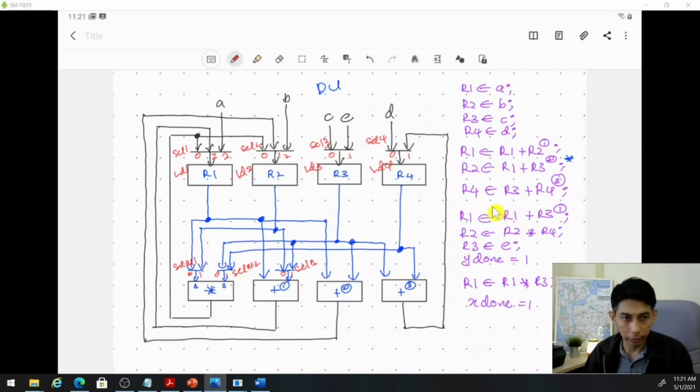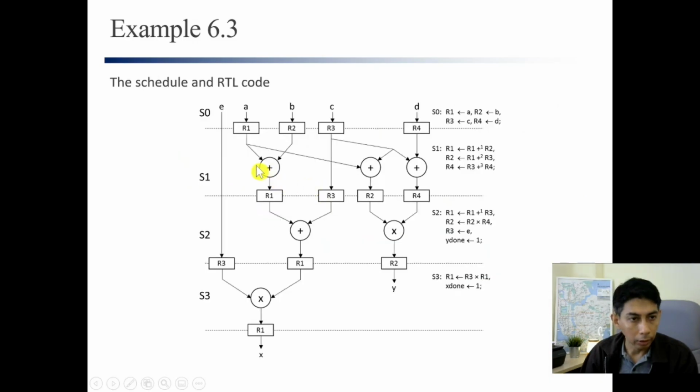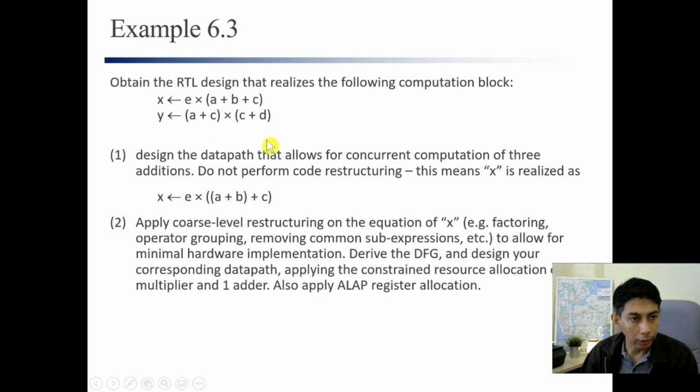And this is the DU actually. We can write Verilog code, a Verilog program, to describe this DU. Later we will see how to write the Verilog code to describe this DU. Okay, so that answers the question: design the data path that allows concurrent computation of 3 additions.